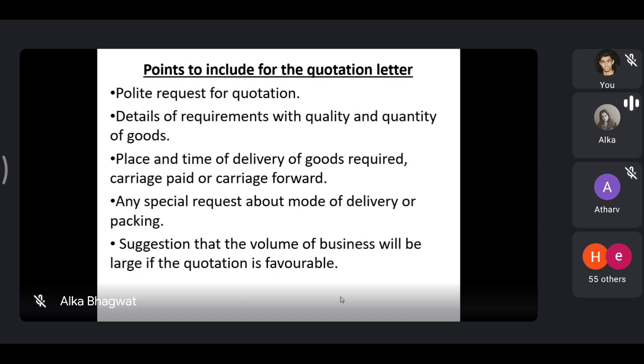So basically, when we write a letter of quotation to the supplier, at the end of the letter we always try to tell him that this is not the first time we will be giving you business, but we would like to have a good relation with you forever. So that is basically the suggestion that the volume of business will be more, and that is why give us a quotation which could be negotiable. So all these points we always include whenever we are writing a quotation letter.